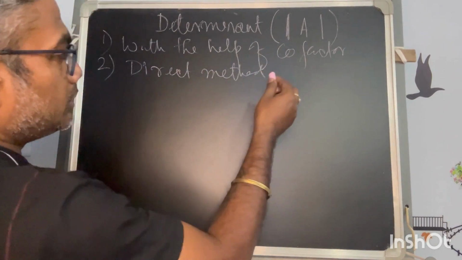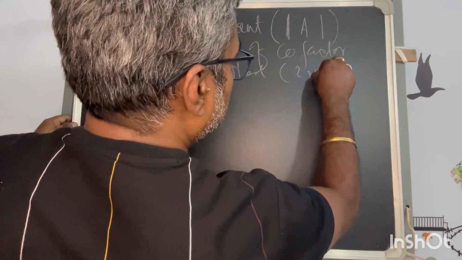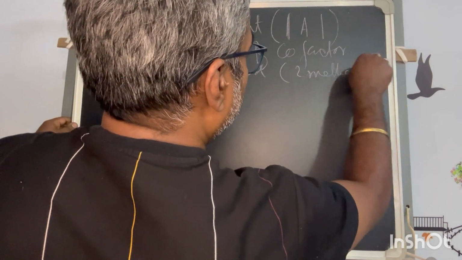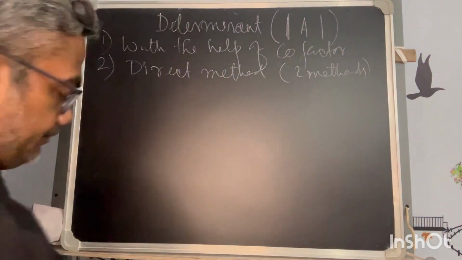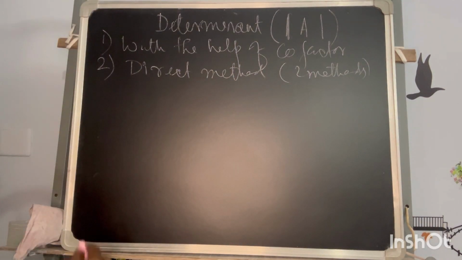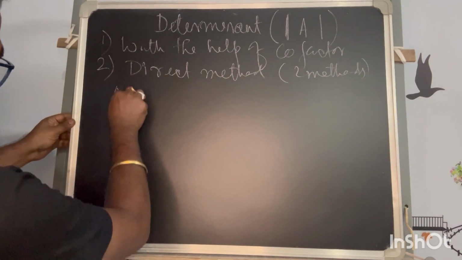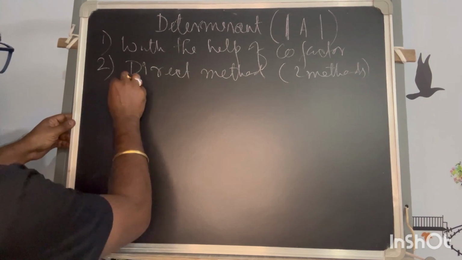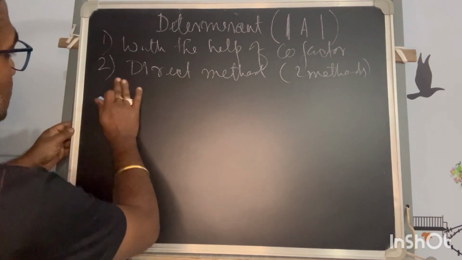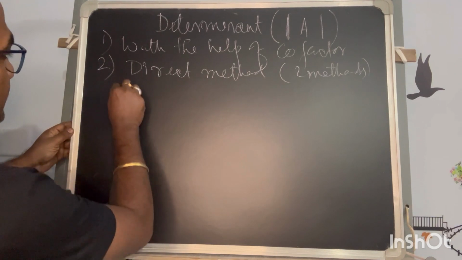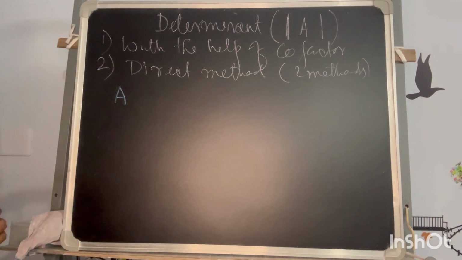So there are two methods that I will explain for how to get the determinant. Let me assume a matrix to be discussed, of a very simple form, so that you can understand it better.